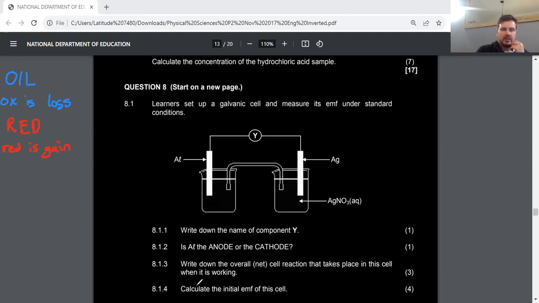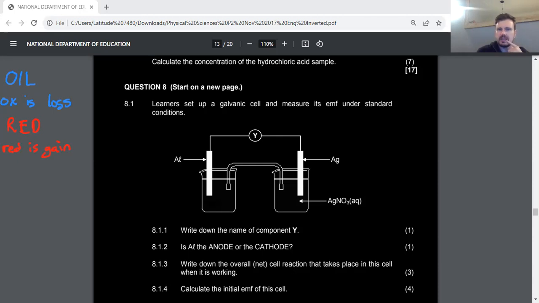Okay, so there are two types of cell. There's a galvanic cell and an electrolytic cell.